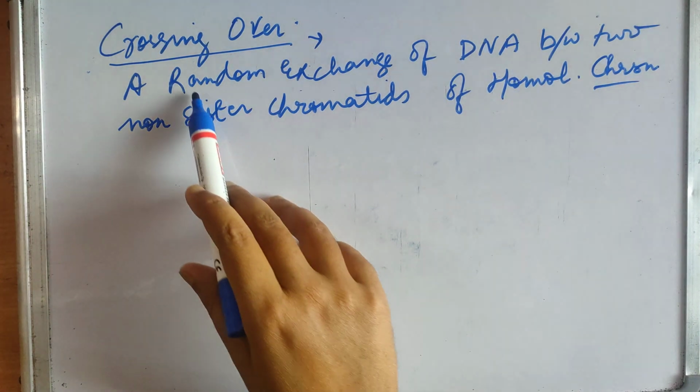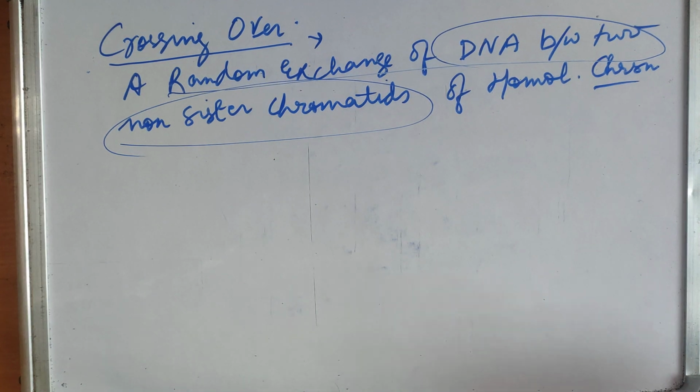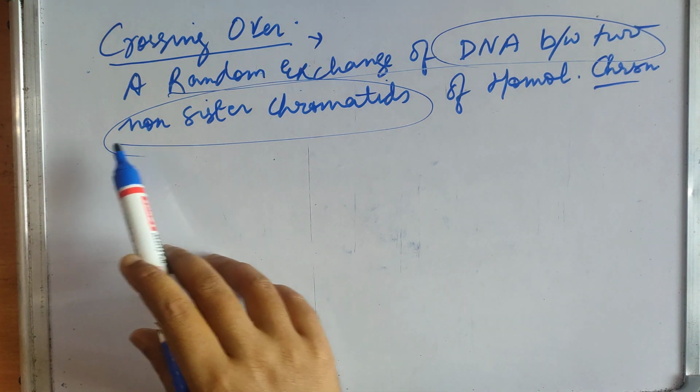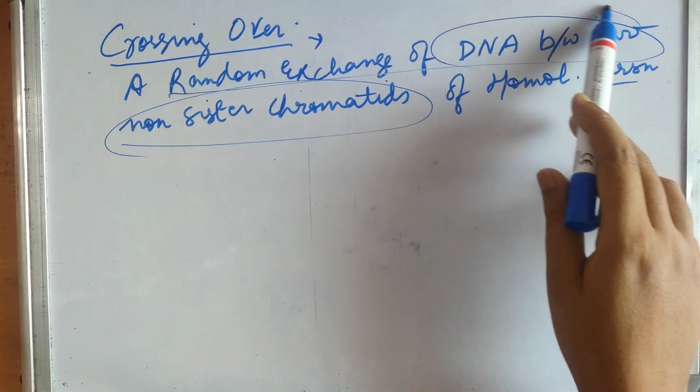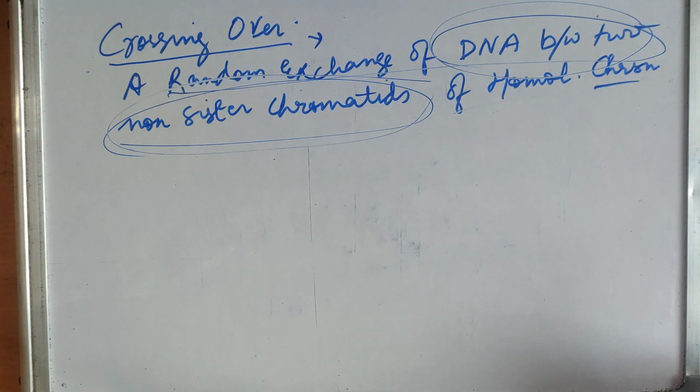In linkage, we say how DNAs are closely linked with each other, but in crossing over, they exchange their DNA between two non-sister chromatids of homologous chromosomes.